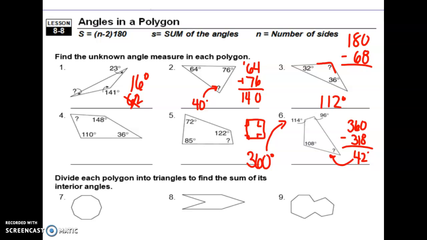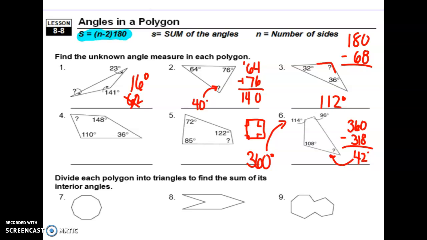For the last one, 2 ways you can do that. You can divide each polygon into triangles if you would like to. So like on number 8 right here, what I could do is divide it into triangles, like this, and this, and this, and see that I've got 4 triangles, and take 4 times 180 because there's 180 degrees in a triangle. Otherwise, we have our formula up here at the top.